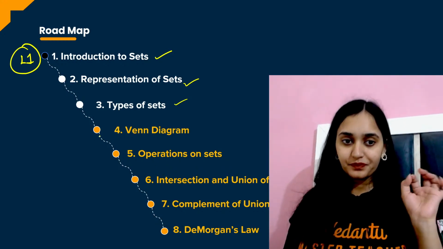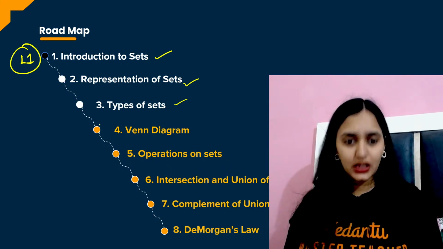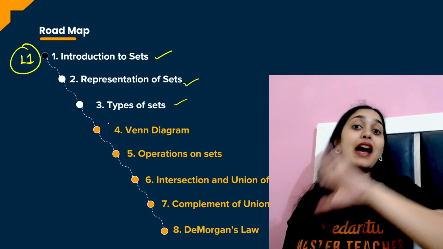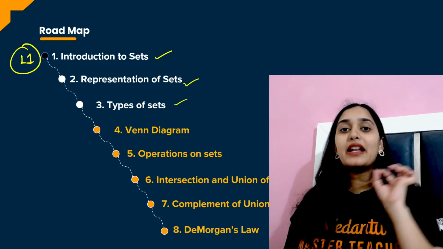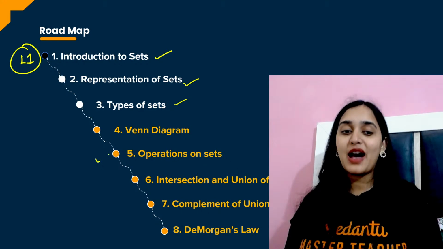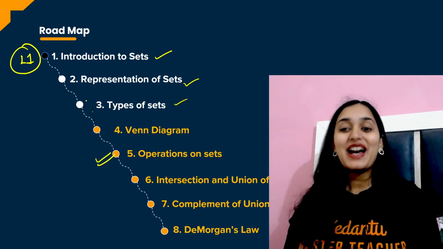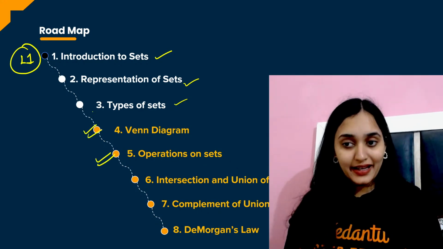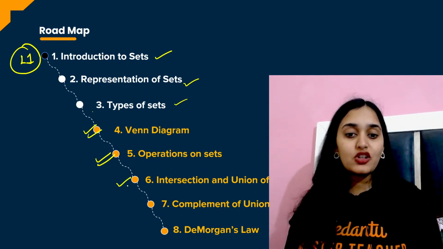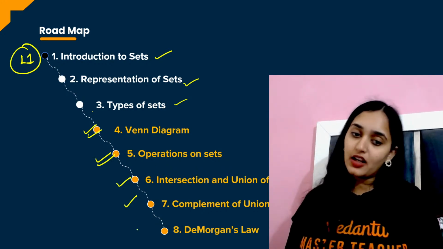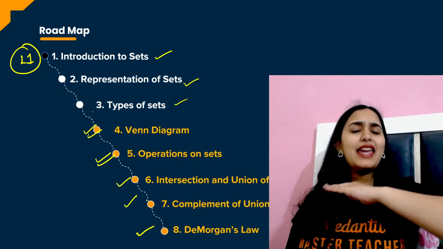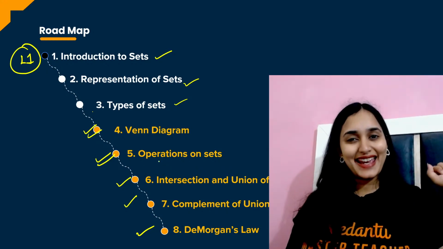Today we are going to learn how to represent sets diagrammatically so that operations on sets become easier, and we will also learn how to do those operations. First we'll learn about Venn diagrams, then different operations on sets: intersection of sets, complement of sets, union of sets, De Morgan's law and all of that. And then this chapter will be completed.